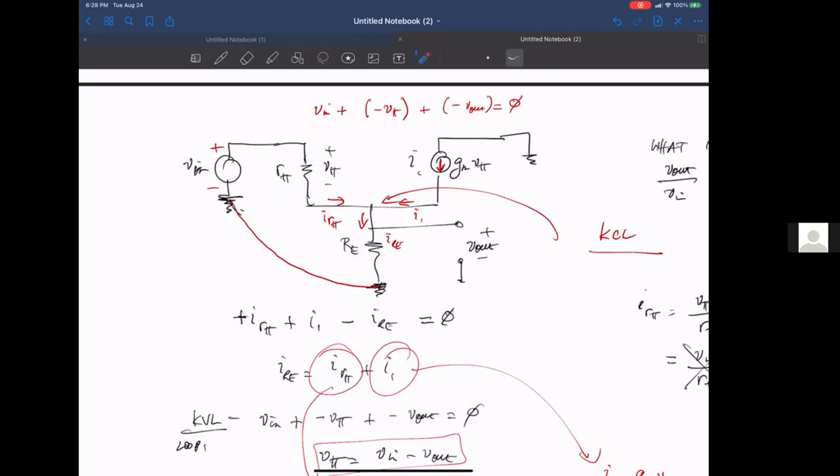The current I sub R, whatever current comes from here has to leave through the other side. Does that make sense? If this is I R sub pi, then the current coming out of this guy also has to be I R pi. Strictly speaking, if you want to analyze it, it's really the same current. There's no summing of current.